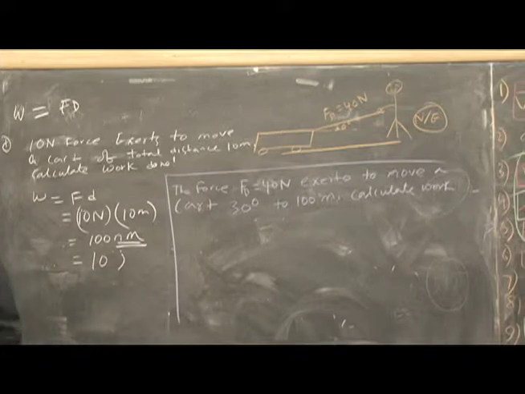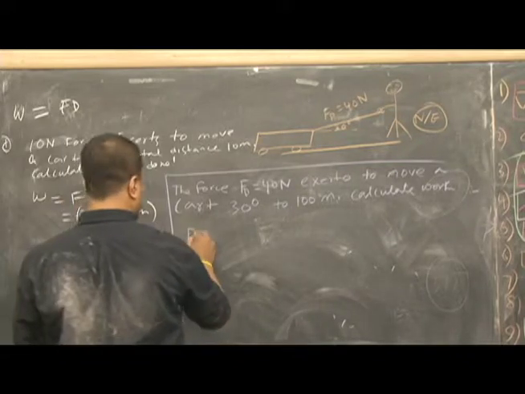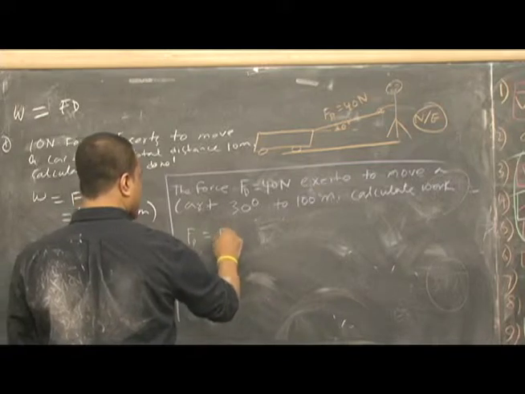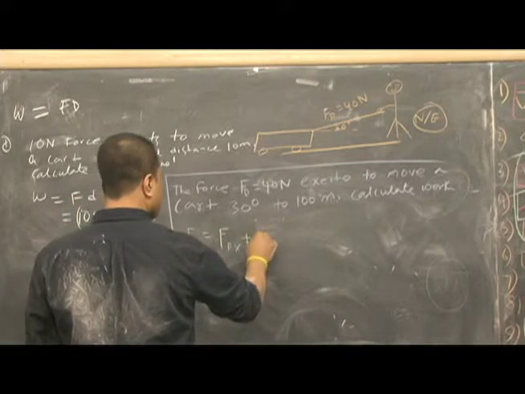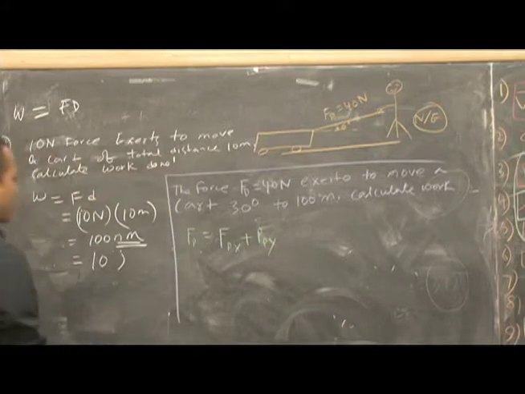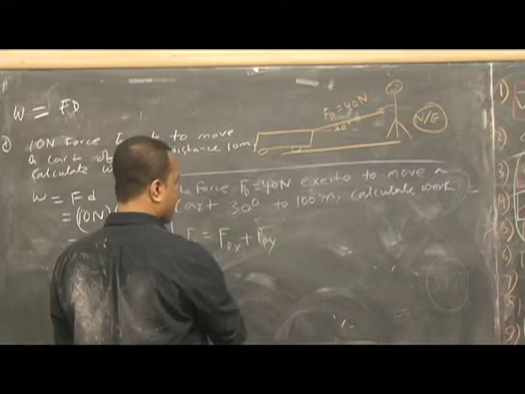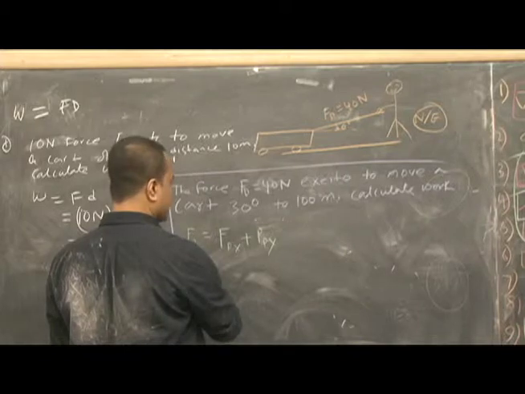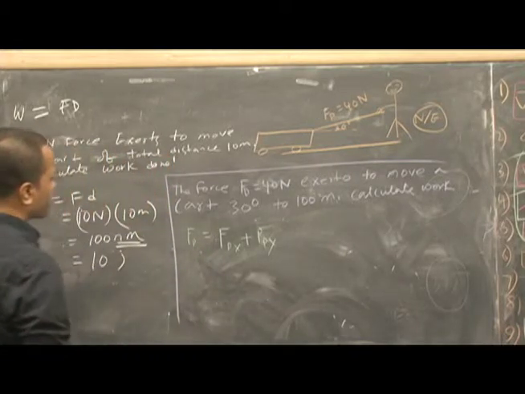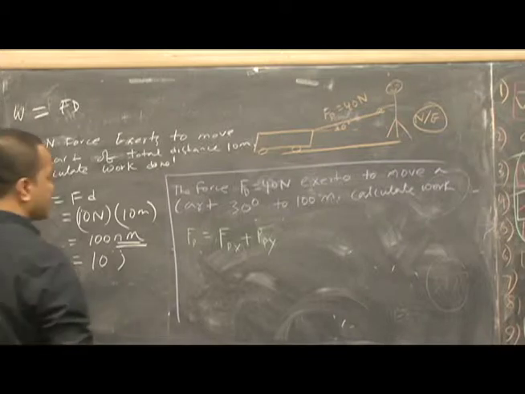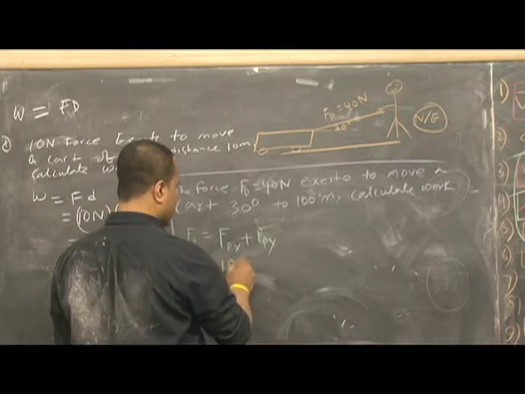So we can say that Fp is Fpx plus Fpy. The distance is 100 meters.